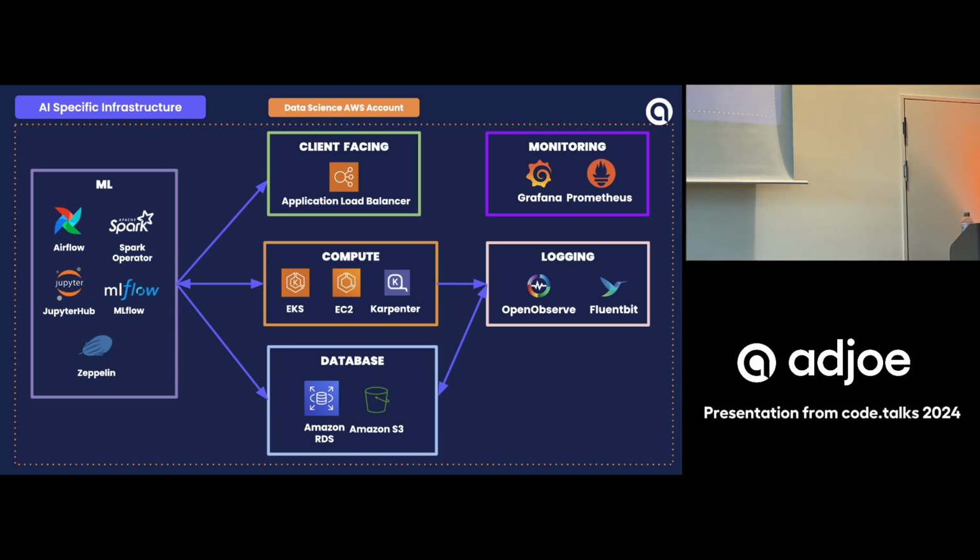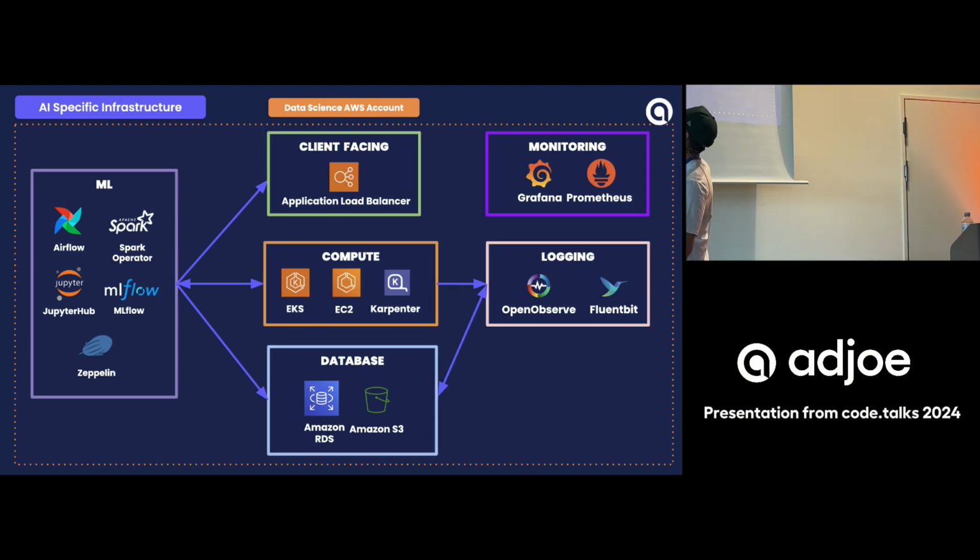We will use Amazon RDS in order to back some metadata of different open source projects that I will mention later on. It will be a really tiny cluster because it would have a very small load there. We will use S3 as our object store. OpenObserve and Fluent Bit we discussed before. We will use them for logging, and we will use Grafana and Prometheus for the monitoring.